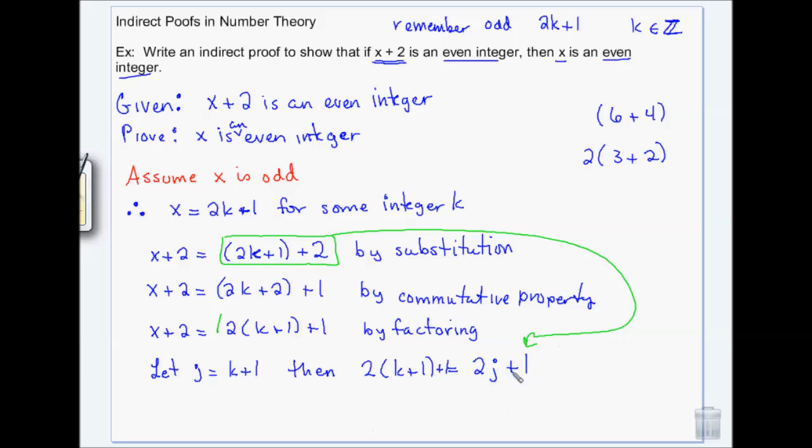Because now anything in the form of 2k, or 2j, 2x, 2y, whatever, plus 1 is odd. And I started out with x plus 2 equaling this. So if x plus 2 is equal to an odd number, I already know x plus 2 is even. That's my contradiction.